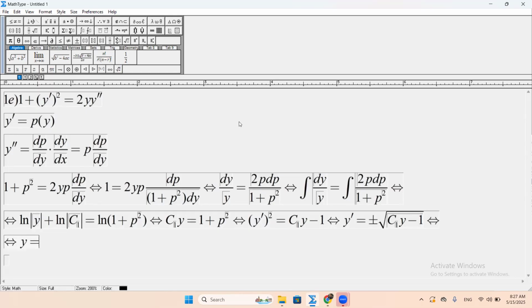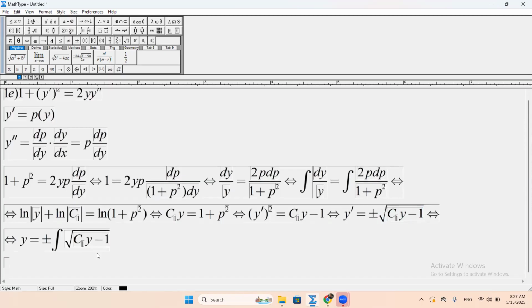So y equals plus minus the following integral. Stop. Yeah, I made a mistake a little bit. Let's separate these variables as well.